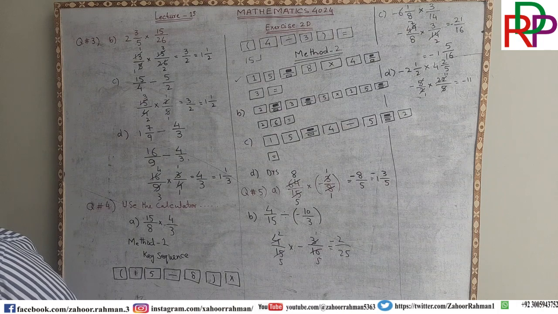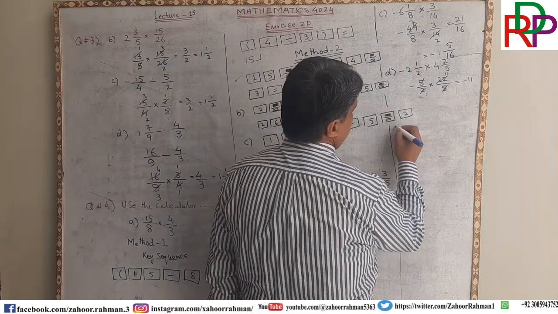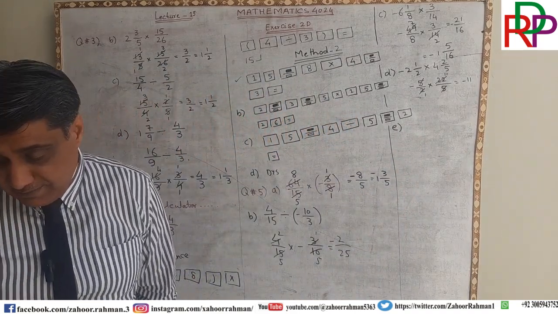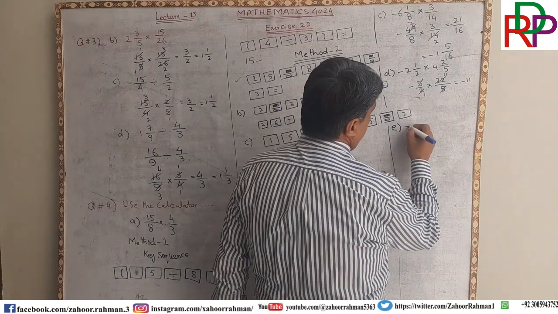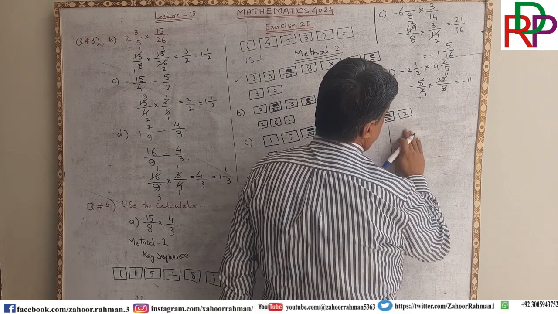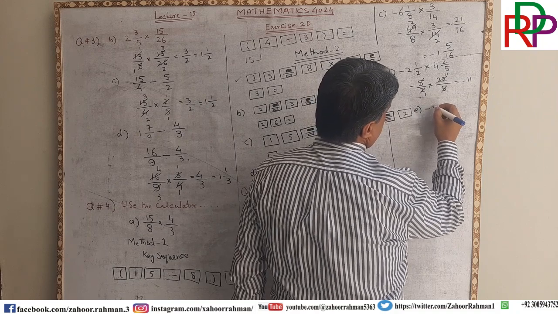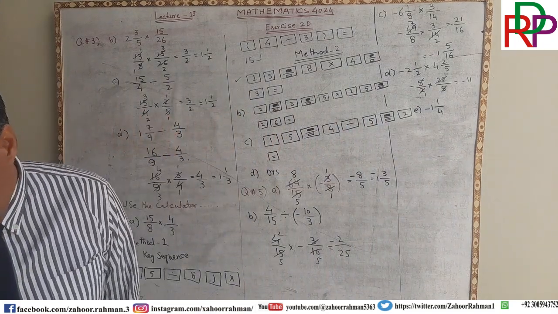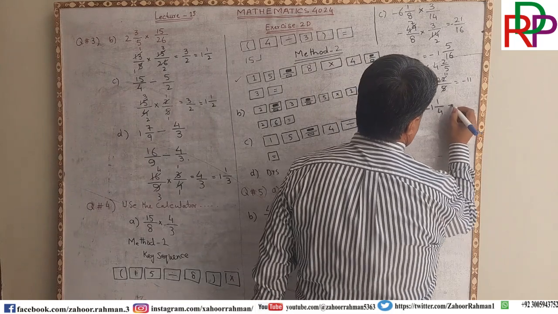Ladies and gentlemen, we are now doing part number E, and part number E is saying minus 1 whole 1 over 4, and then divide by 3 over 8.